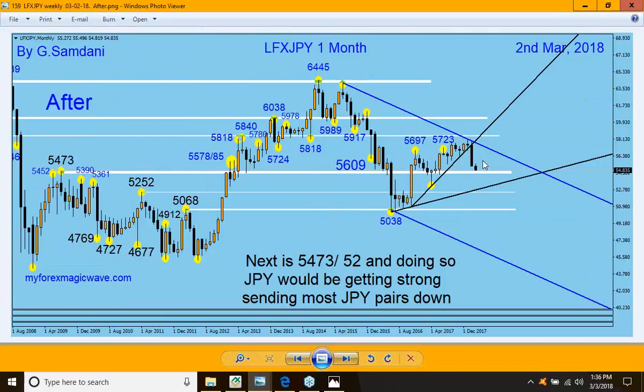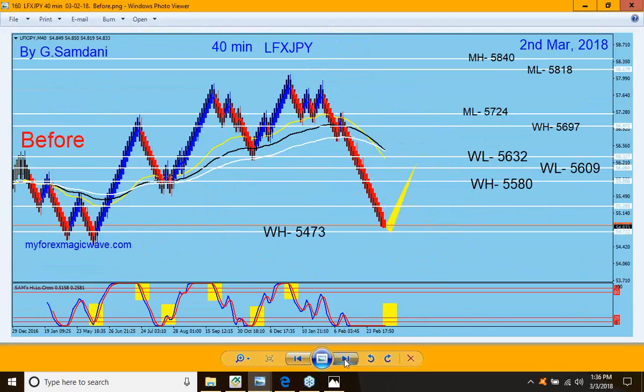We may bounce and go and test one of the numbers above it, maybe 56.09 or something. So be careful when the market opens up, let's watch it. And if we start dropping in there, then the next target would be one of these small numbers and then the big one. This is the one I gave you. Maybe we will go up to make a 40-minute setup and then start dropping.